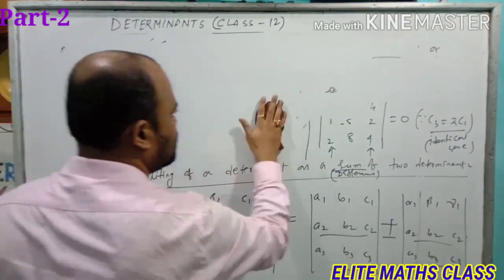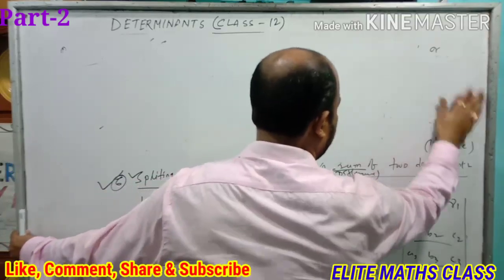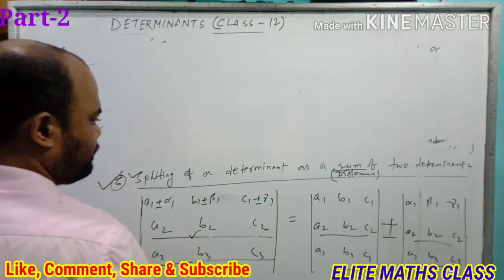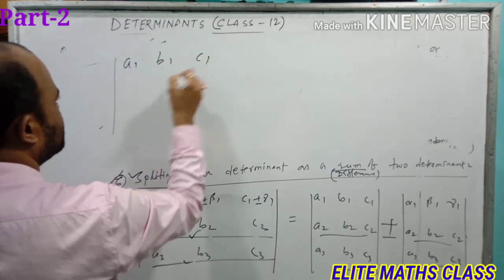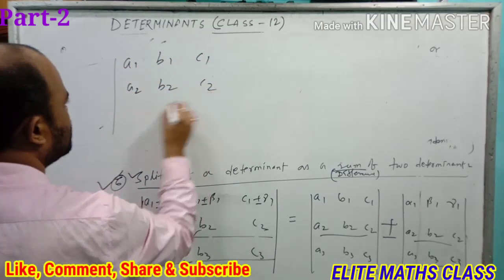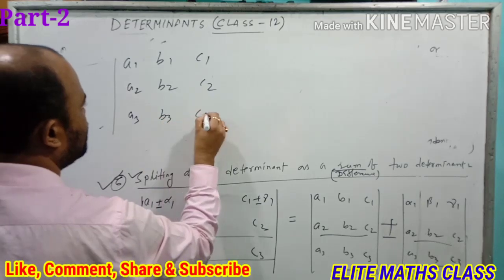you simply just, this is not a separate property, say this is the given determinant a1, b1, c1, a2, b2, c2, a3, b3, c3.